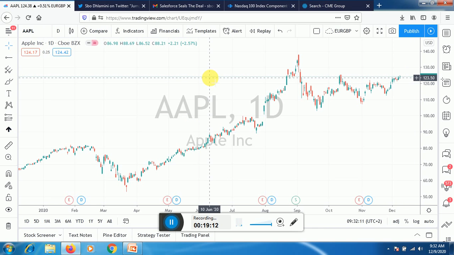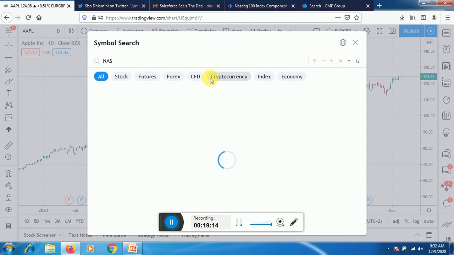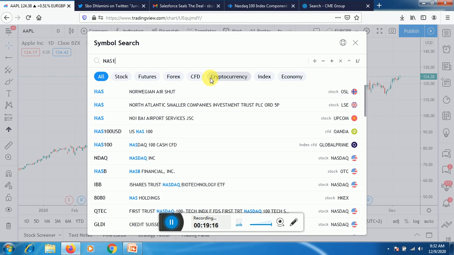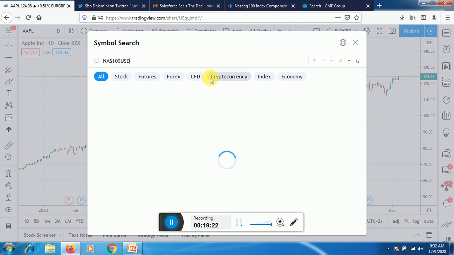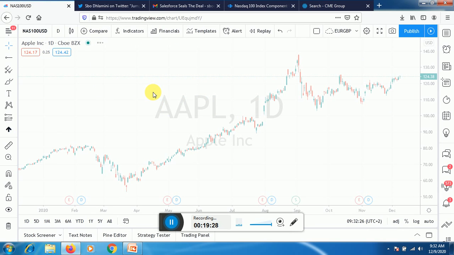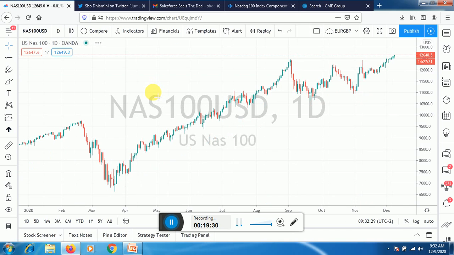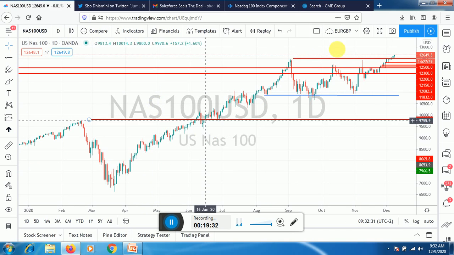So it's important to know which index you are trading, but I like to open this one, the NAS 100 USD, because it's what is common on my charts. This one is always open on my chart. I always look at this one. I do my analysis on the NAS 100 USD.